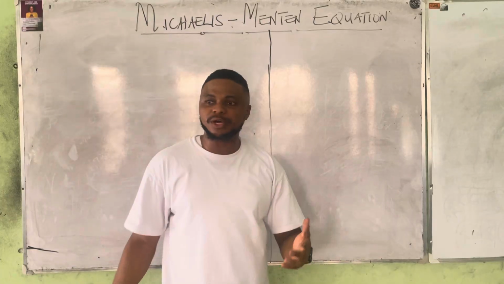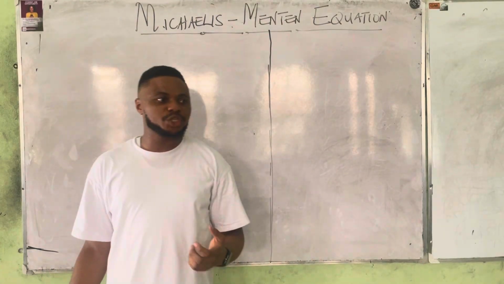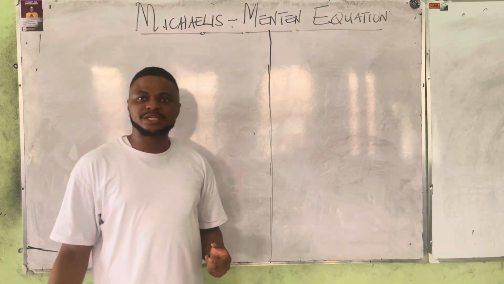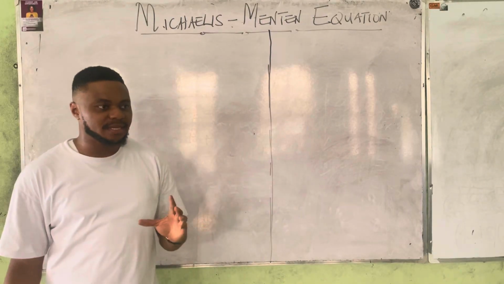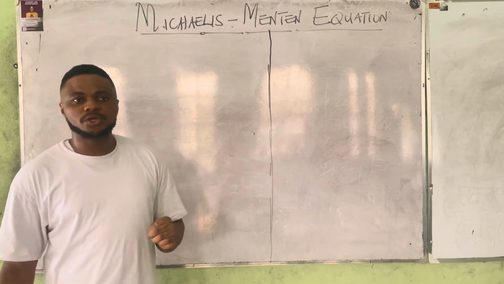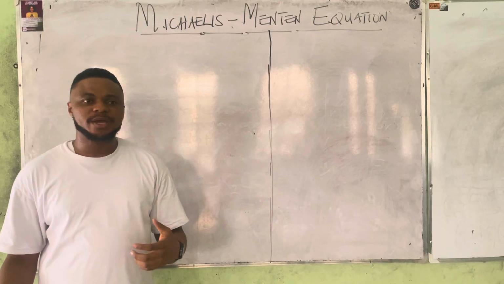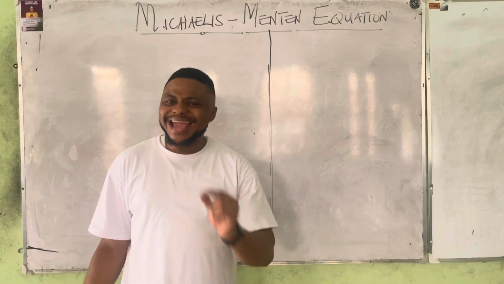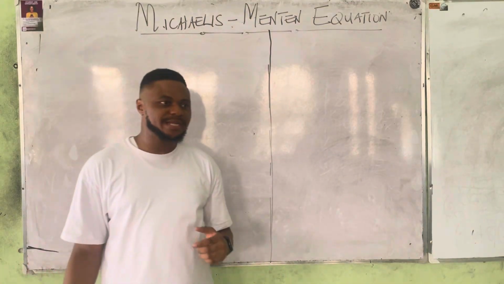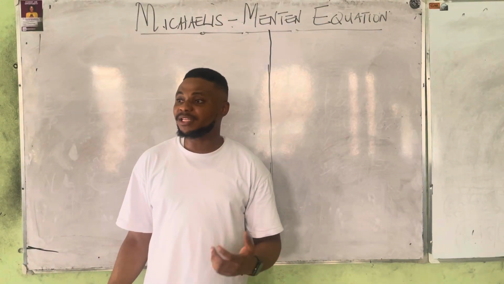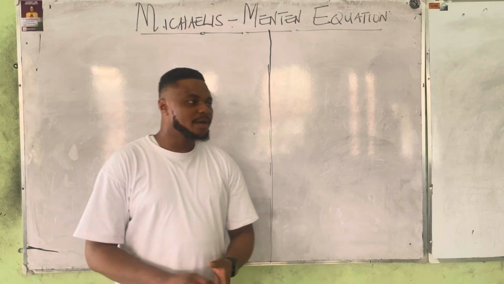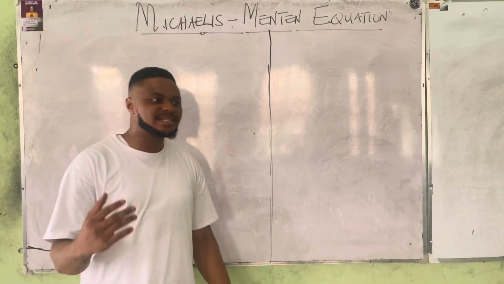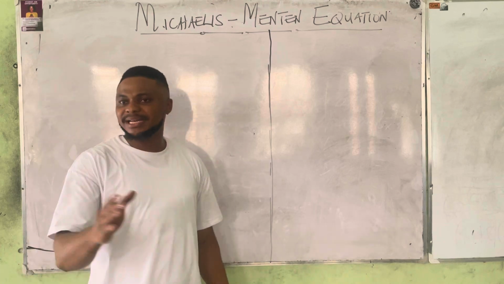So the Michaelis-Menten equation is a major equation in general biochemistry, particularly in enzymology. It helps us understand what we call enzyme kinetics. It was discovered in 1913 by two scientists who worked together to understand enzyme activity and enzyme kinetics.